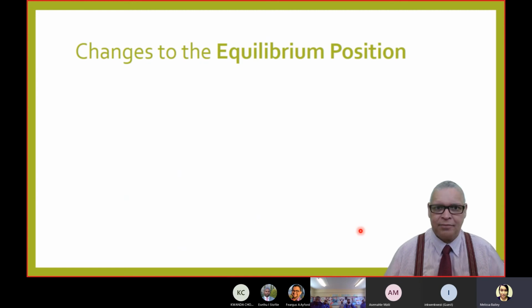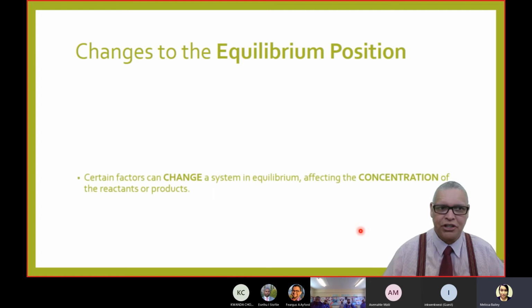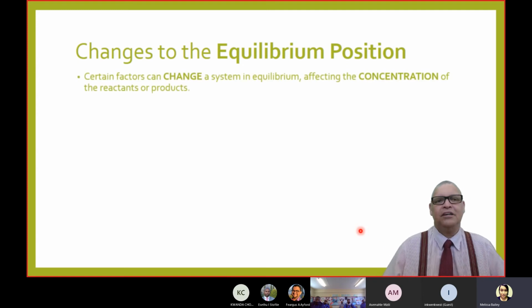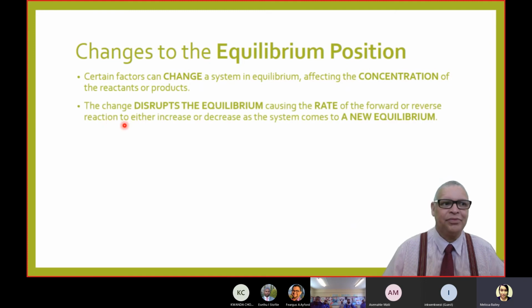What factors favor a change to the equilibrium position? Well, you probably learned during the course of the year that certain factors can change a system in equilibrium. In fact, they affect the concentration of the reactants or the products.